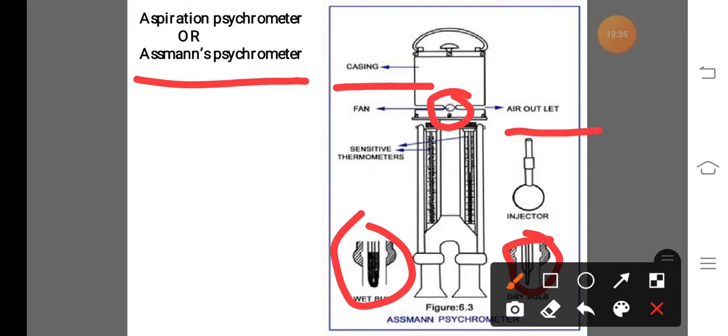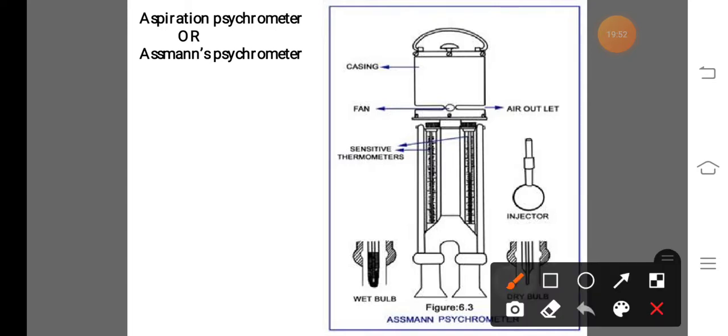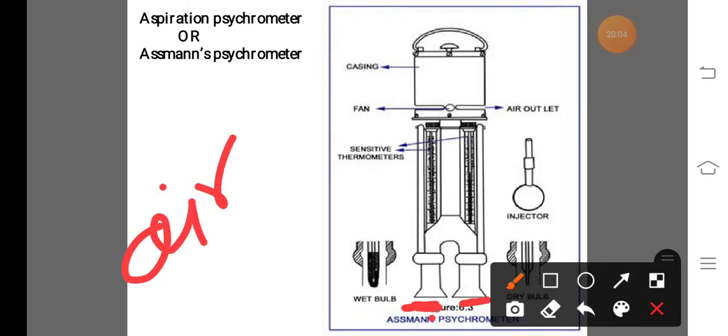Now we discuss how to record the temperature, or how to calculate the relative humidity by using the Asman psychrometer. That means the working process of this ventilation thermometer or aspiration or Asman psychrometer. See here, this is the inlet part, or the way of entry of air into the psychrometer.